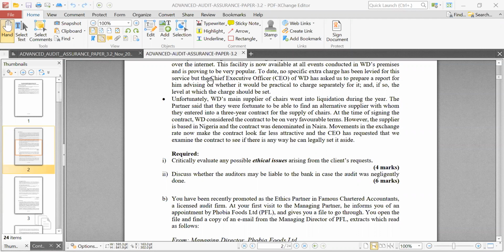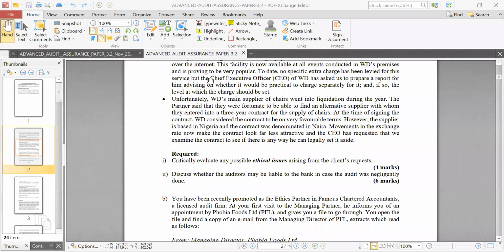So that's something you need to be aware of. When you are going through the case, you need to establish the relationship first. In this case, we're told that the auditors were aware. So the auditors knew what was going on, and so a duty of care has been established.